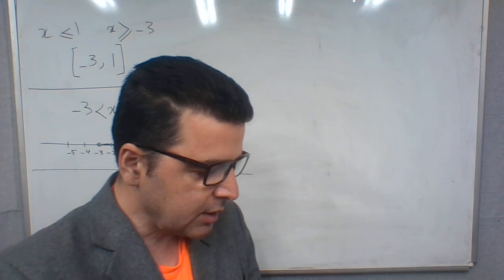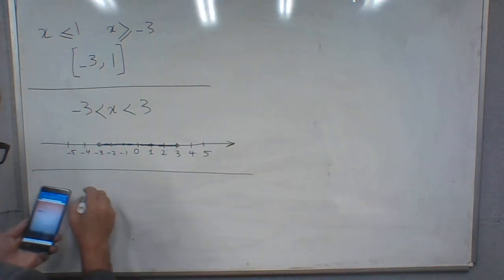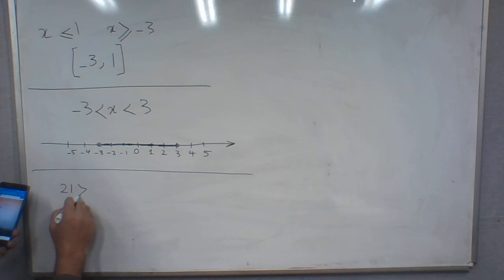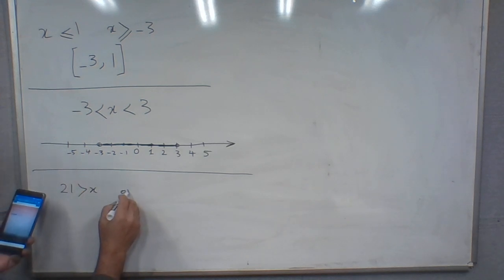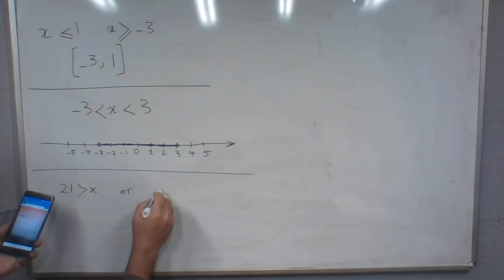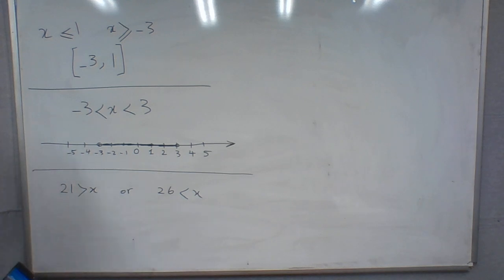Write the following in interval notation. 21 greater than x, or 26 less than x. Okay.